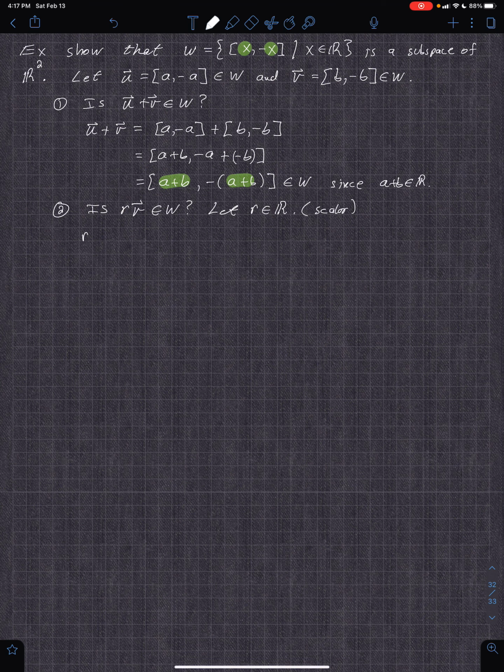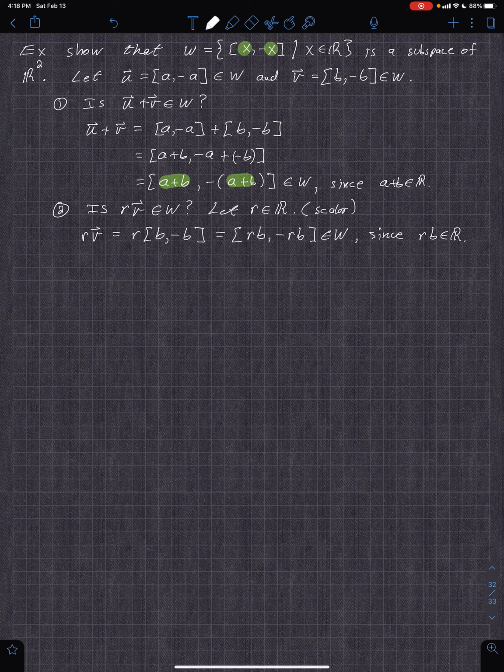I used U. Doesn't matter. r times V is equal to r times (b, negative b), which is equal to (rb, minus rb). Basically same argument. That's true since rb is an R. So that's in W since rb is an R.